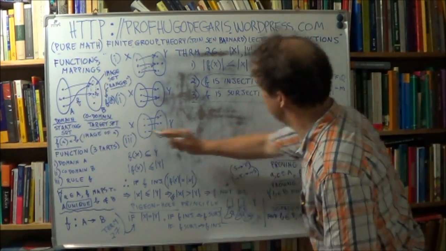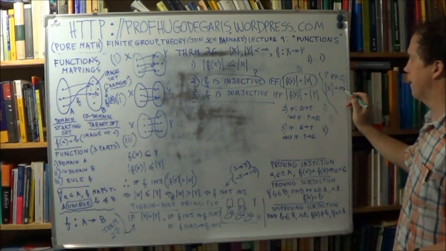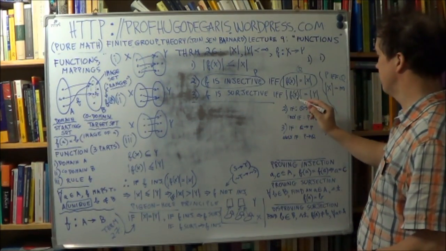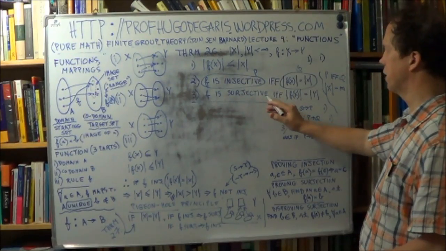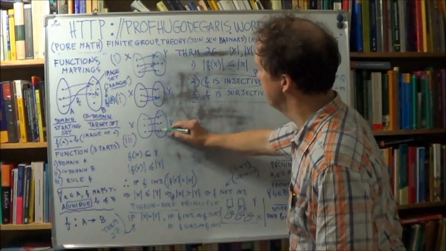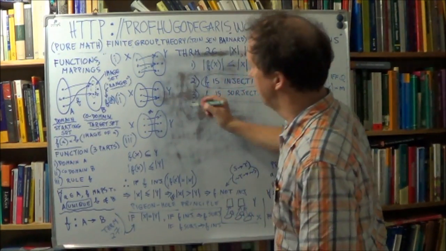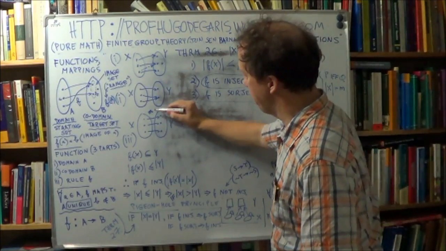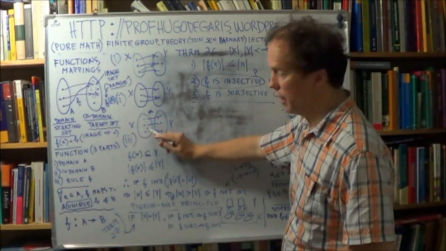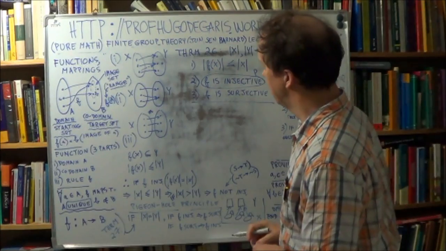So x has m elements. Now it's surjective, so every element in Y is mapped to. Now we will have m of these arrows, if you like, coming out of x, coming out of your domain, because little m is the size of x.